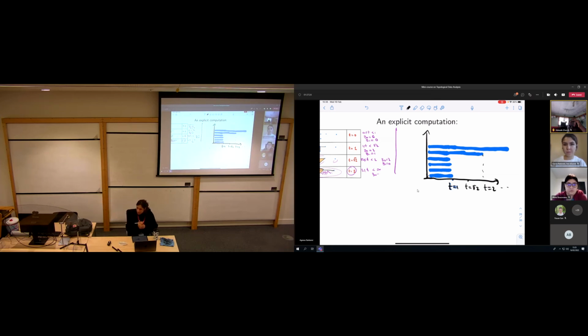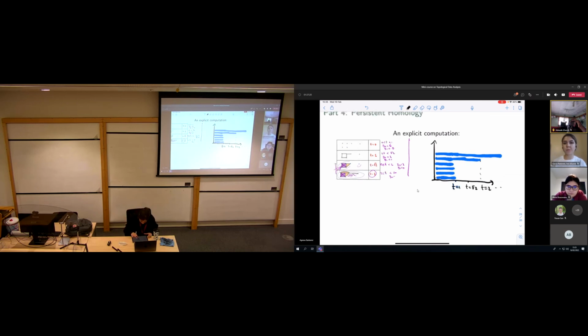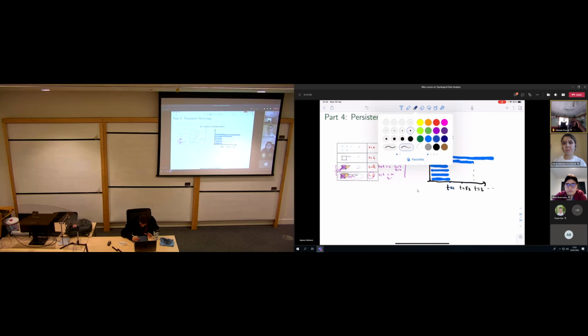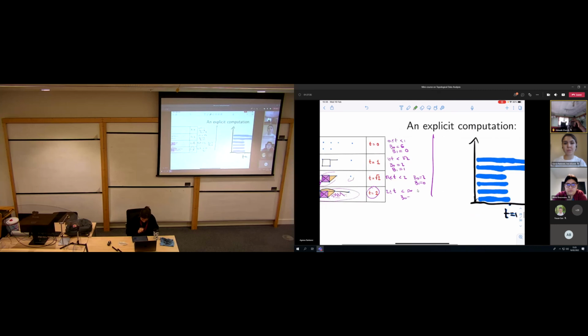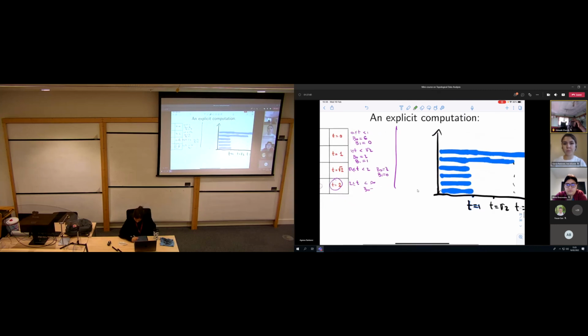That's the barcode representing the 0-dimensional homology of my point cloud. For 1-dimensional homology, I have a unique feature that appears at time 1 and dies at time square root of 2. This is 1-dimensional homology.